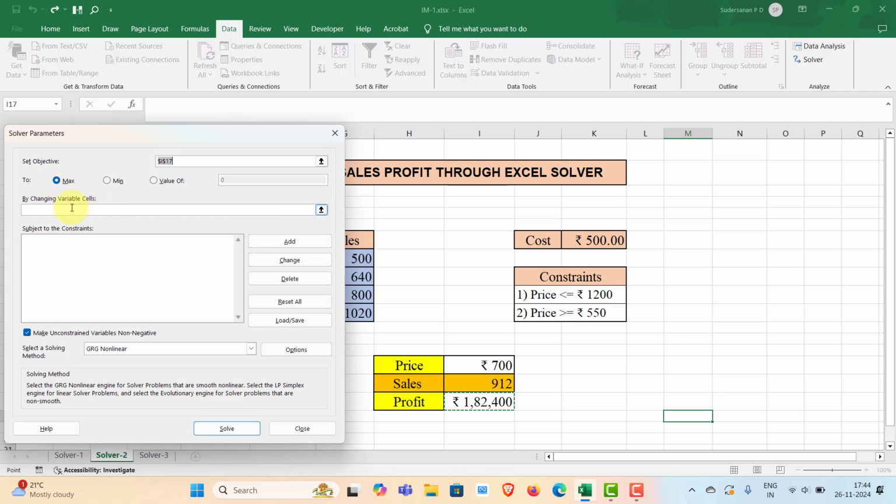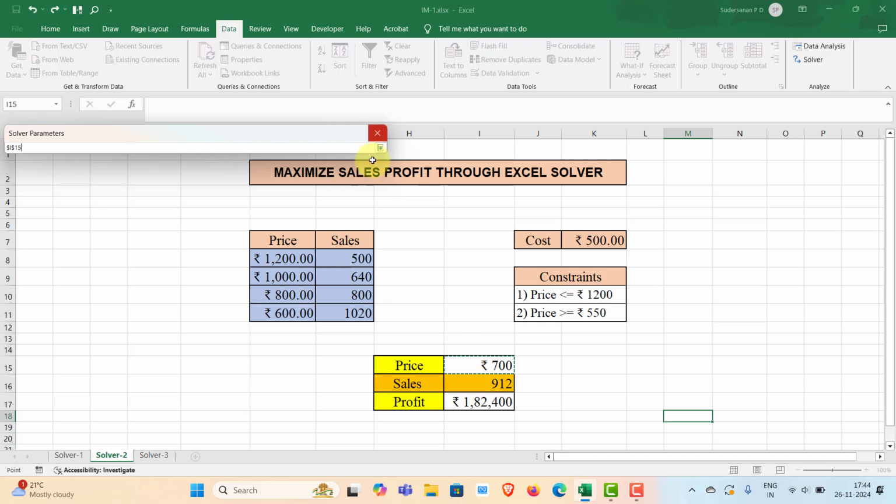Now you have to change the variables. What is the variable you can change? Price you can change. If you change the price, automatically sales is calculated and you will get the profit. So the only variable which you want to change is the price. So I'll select this particular cell.